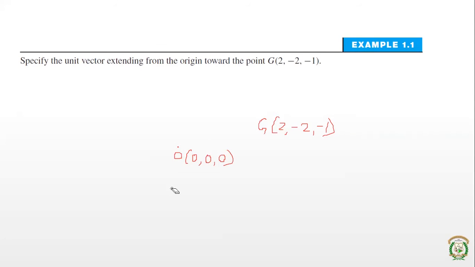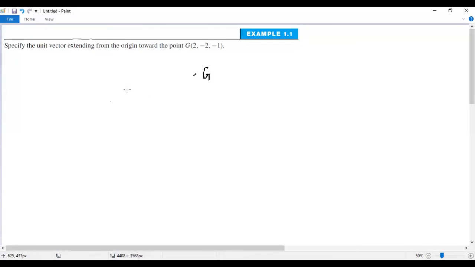So this is the point G and this is the origin. If you take a vector from origin to this, you can call this a vector G. You can call this the position vector of point G. You can call it rg, or you can just indicate it as the vector G. So you know how to write the position vector of any given point.